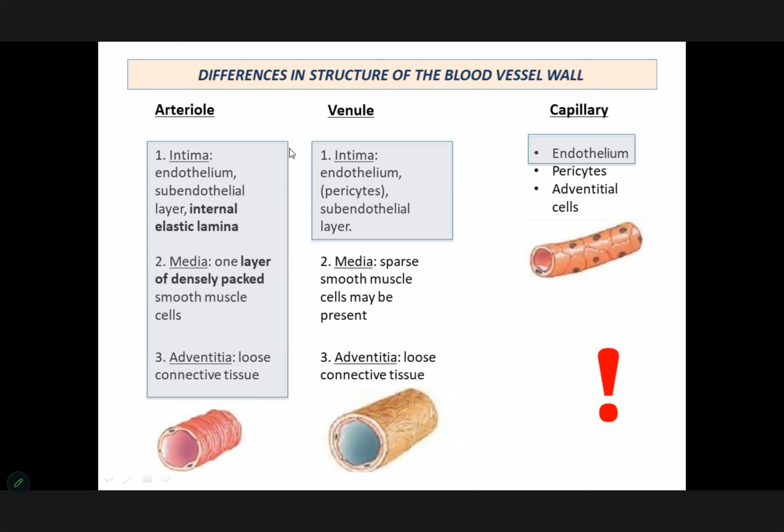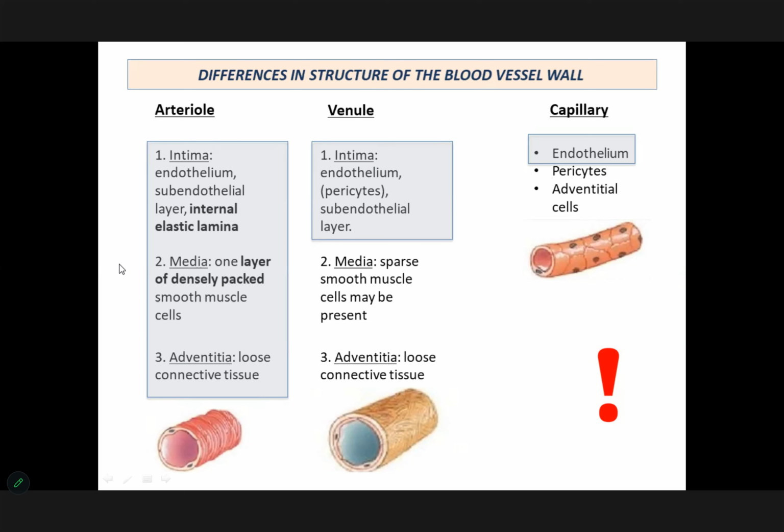Venules. The smallest ones have only endothelium and pericytes, but other larger ones can also have media with sparse smooth muscle cells and adventitia with loose connective tissue. And finally, the arteriole resembles the artery in its structure.